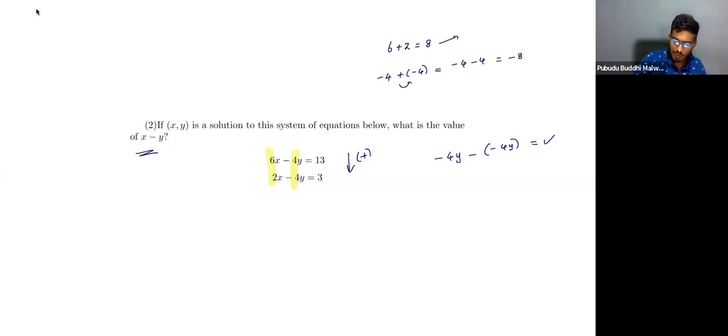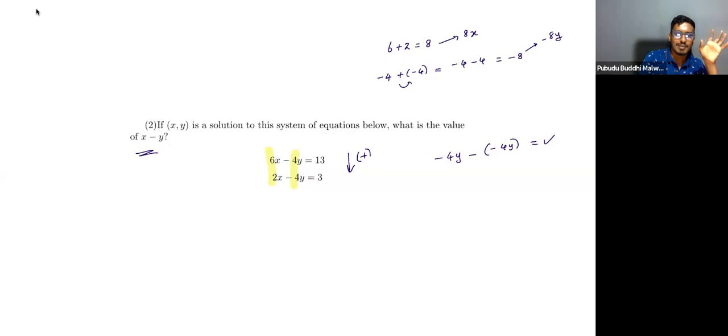Basically, you will get 8x minus 8y. That's good, because 8 is common. So we can apply that same concept, taking out 8, and then we can divide both sides by 8.